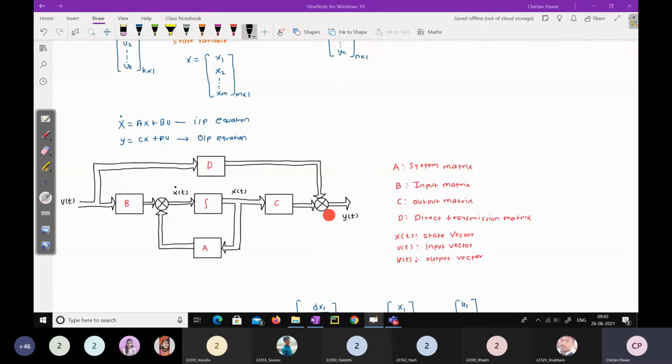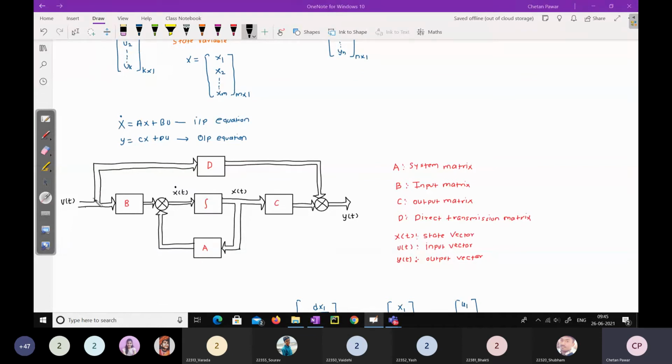Now, how do I represent the output of this system in state space? That will be C into X, where C is the output vector, plus D into U. D is a direct transmission matrix. In most examples, D is 0, but we will see some examples where D is not 0.